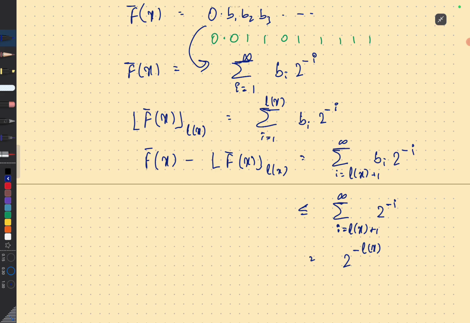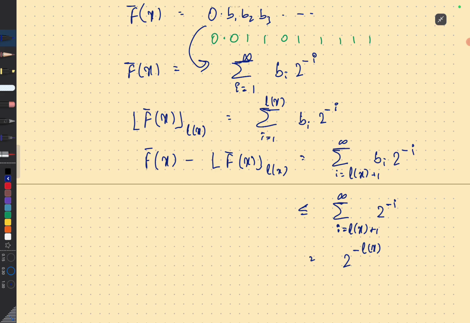See, I have this binary string. The decoding can be done as follows. So let's say that the code word is C1, C2 up to CK.